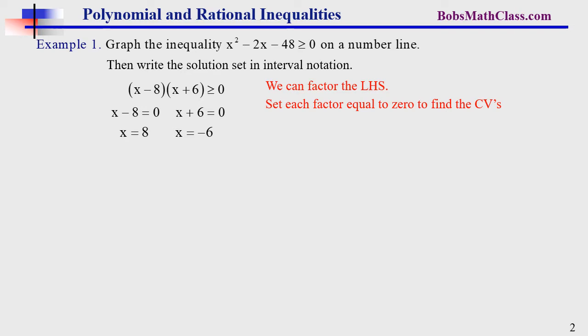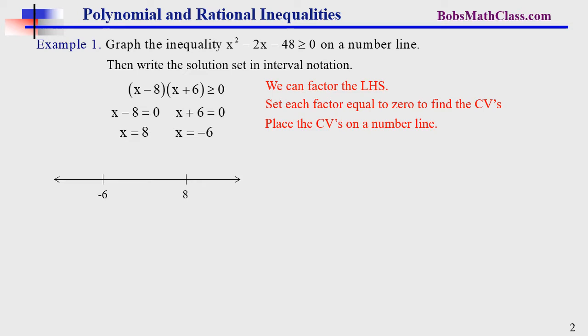Okay, make sure you have equals for the critical values. You don't want to write inequalities here. I know the original problem has an inequality, but when you write down our critical values, these are equals. Okay, so we're going to put these numbers on a number line.